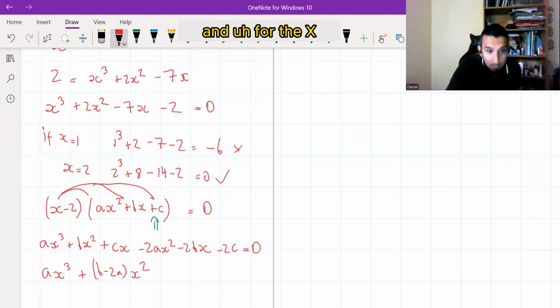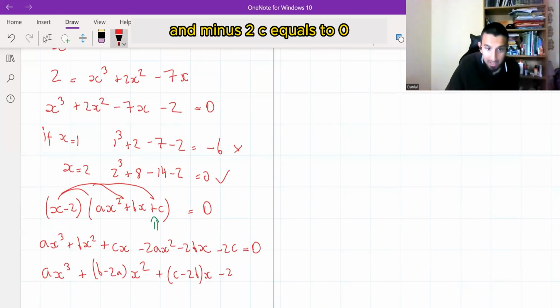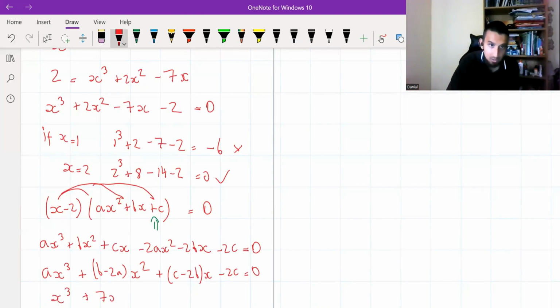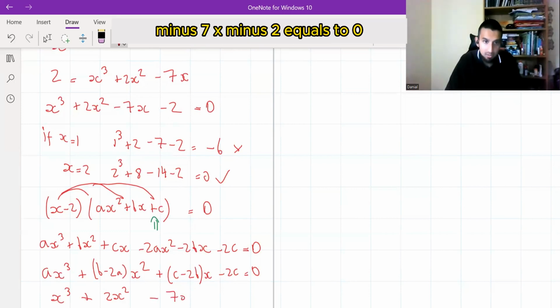And for the x, it should be c minus 2b x, and minus 2c equals 0. And we know that we have the function like this, minus 7x minus 2 equals 0.